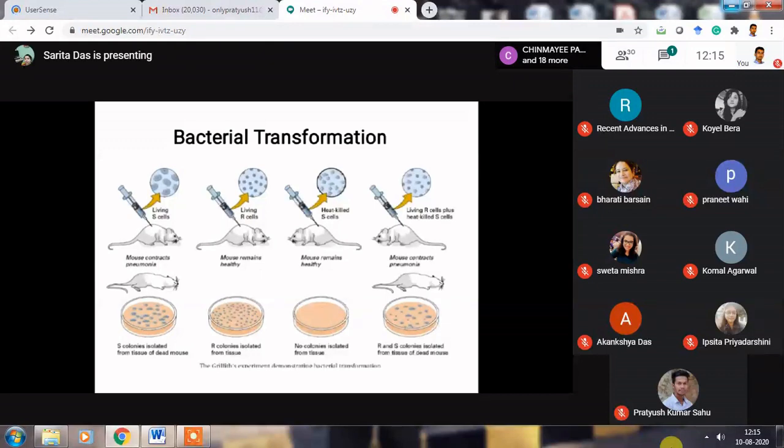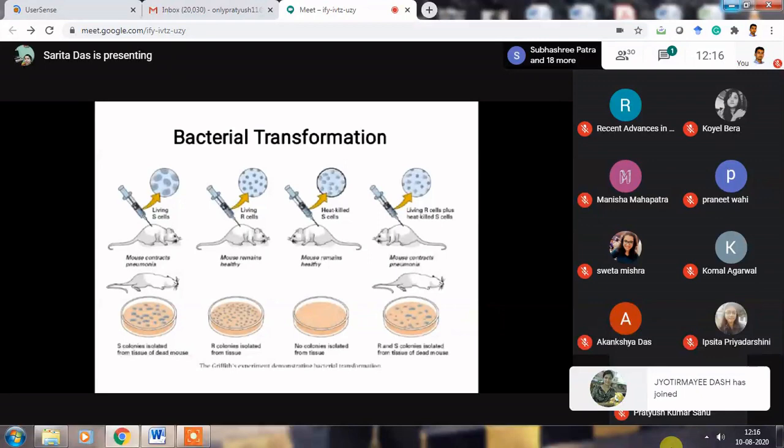When he injected the mouse with the smooth strain, the mouse died, and smooth bacteria were isolated from the tissues of the dead mice. And when he injected the live R forms, the avirulent forms, into the mice, he found that the mice were healthy and alive, and live R forms were isolated from the mouse.